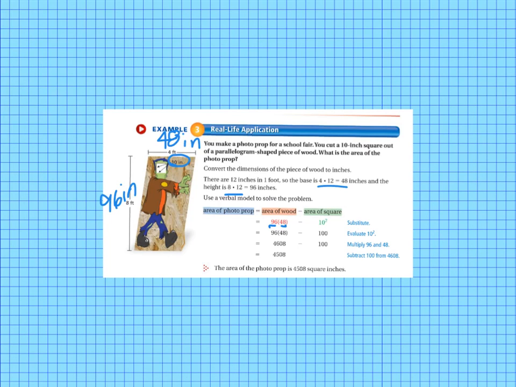Well, the square is 10 times 10, so it's 10 squared. And so we're substituting in our values, and then we evaluate the 10 squared, so that's 100. And so now we've got 96 times 48 minus 100.